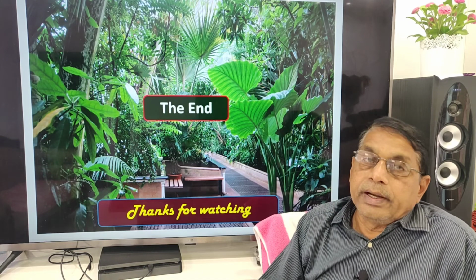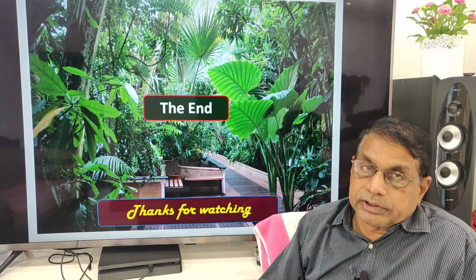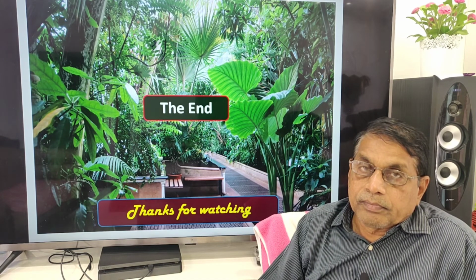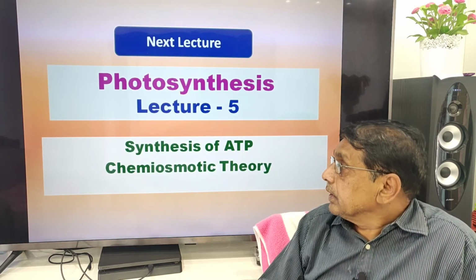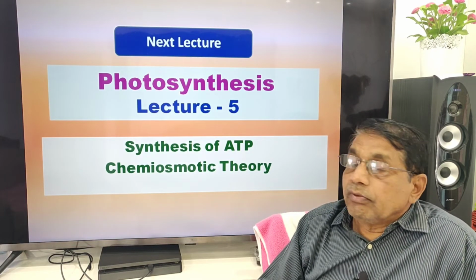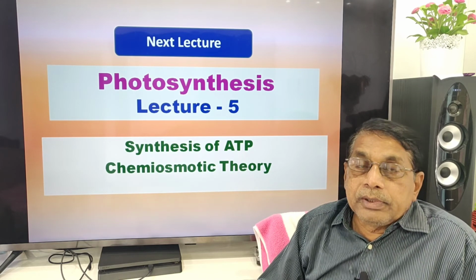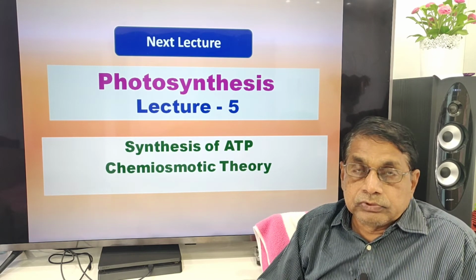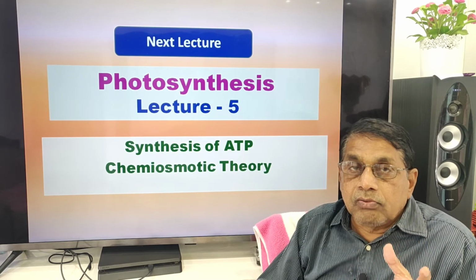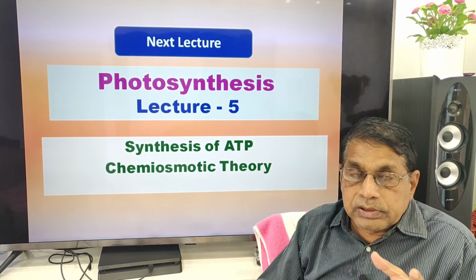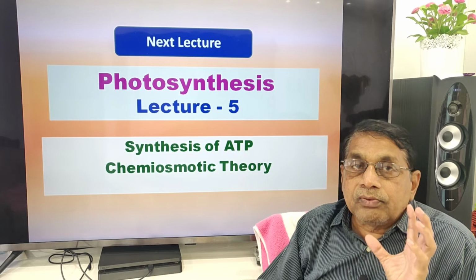So that is the end of the light phase reactions. In the next class, we will consider how the ATPs are synthesized. What is the mechanism involved in phosphorylation, strictly speaking, photophosphorylation?